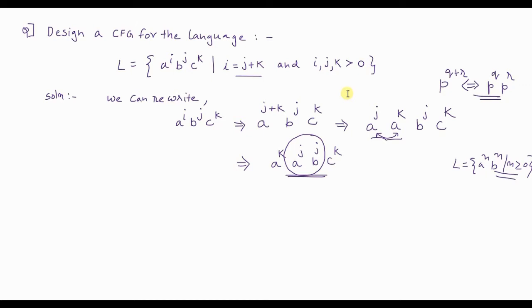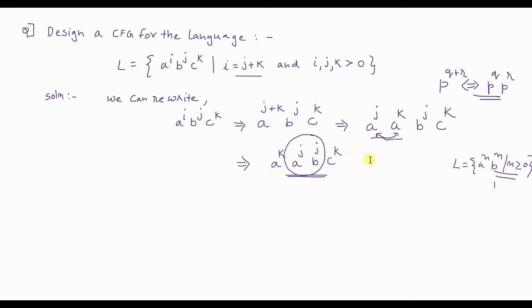So first we will design a context free grammar for the inside part. The outside part should take care of this: for every a there has to be a matching c, so equal number of a's and c's should be there outside.